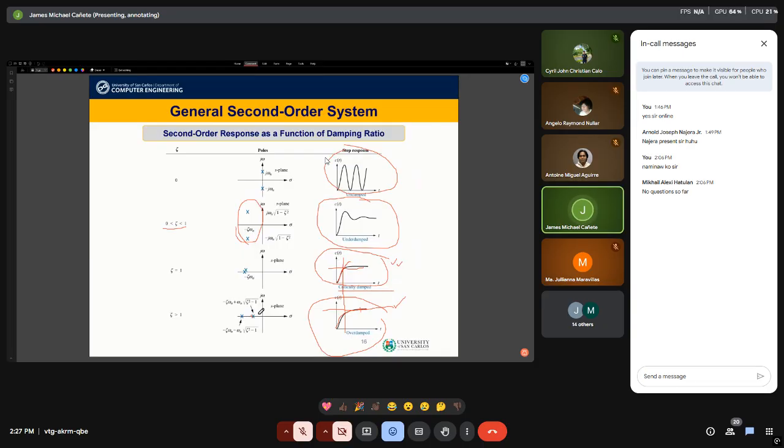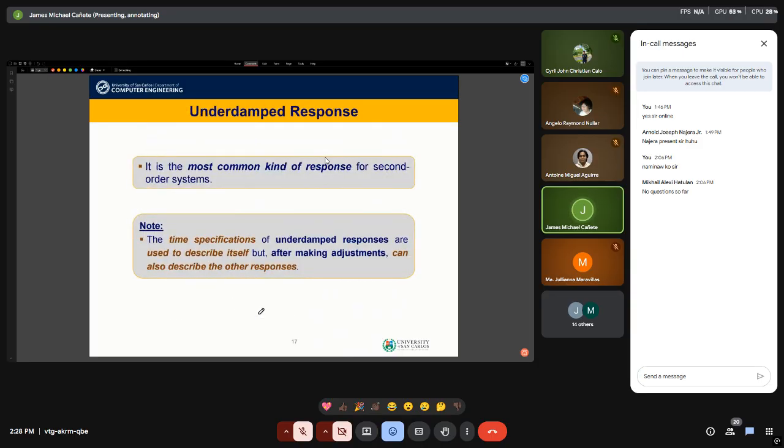So of the 4 step responses of a second order system, the most common one is the underdamped response. And it so happens that in the underdamped response, there are 4 time specifications. Time specifications here refer to rise time, peak time, and settling time, as in the first order system.